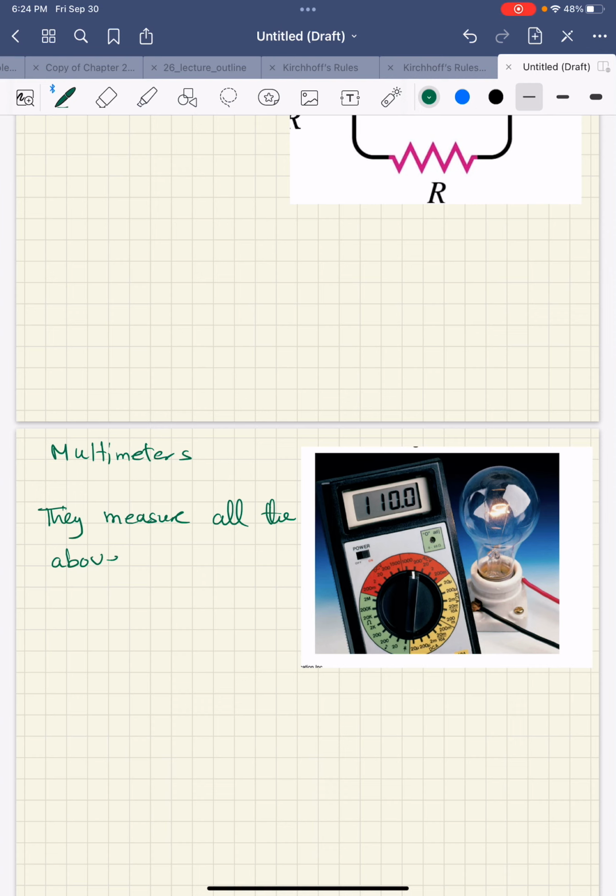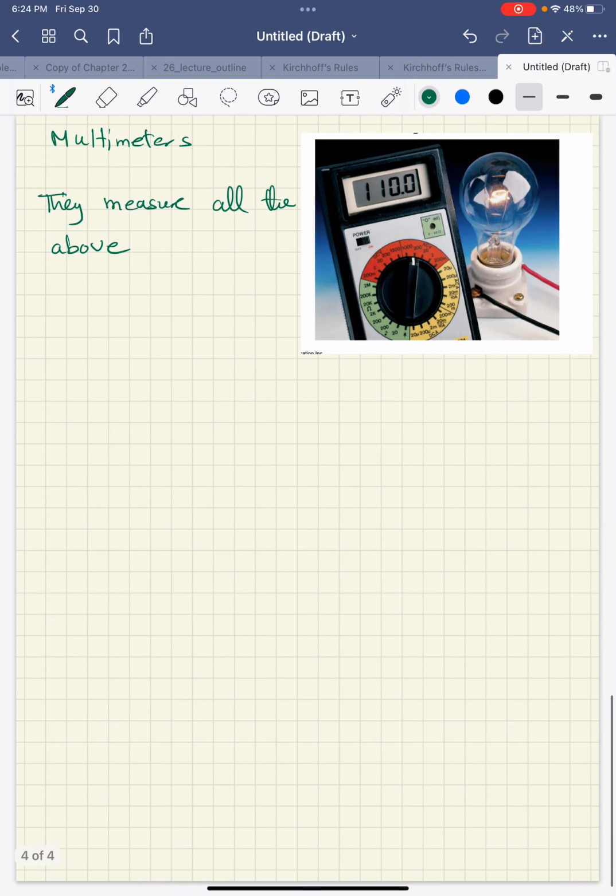Now, one more thing I want you to know about, which is the potentiometer.